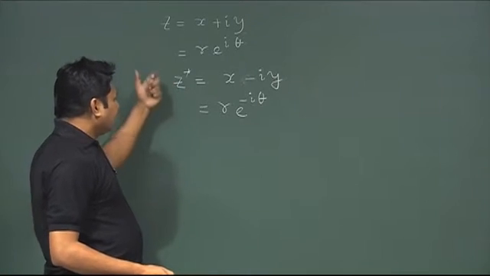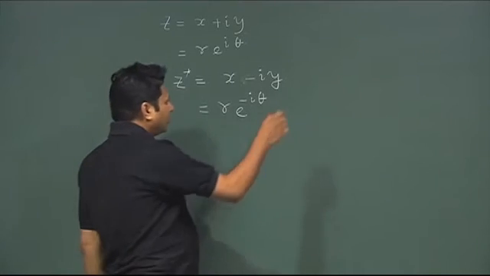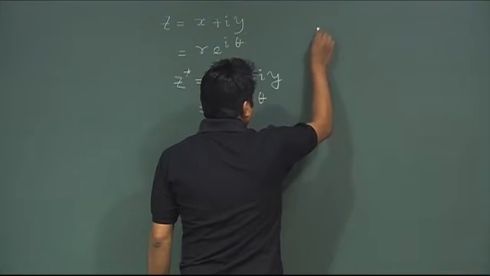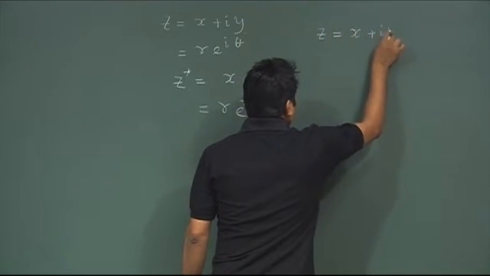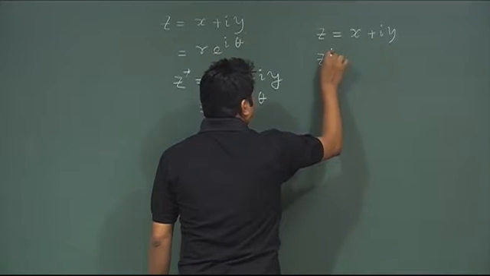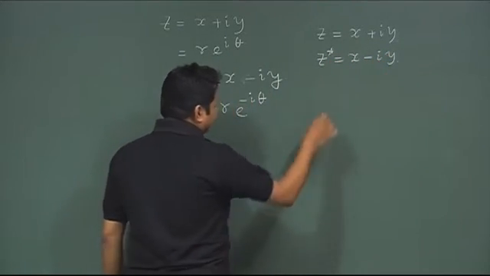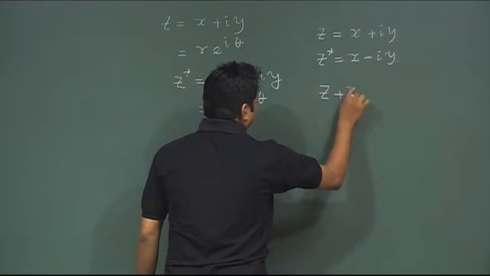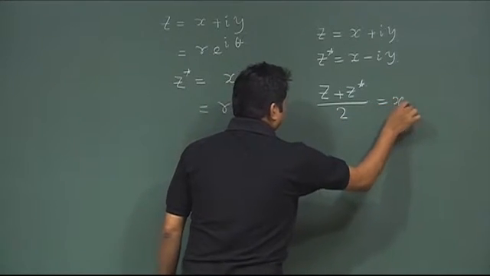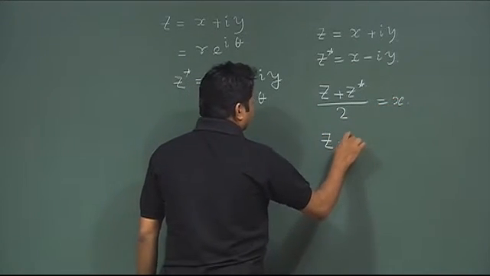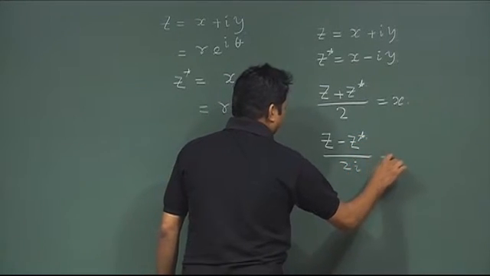Now, z and z star can also be written in terms of x and y, which sometimes you also require. So z is equal to x plus i y and z bar or z star is equal to x minus i y. If these two are given, then readily you can find that z plus z star divided by 2 is your x and z minus z star divided by 2i is your y.